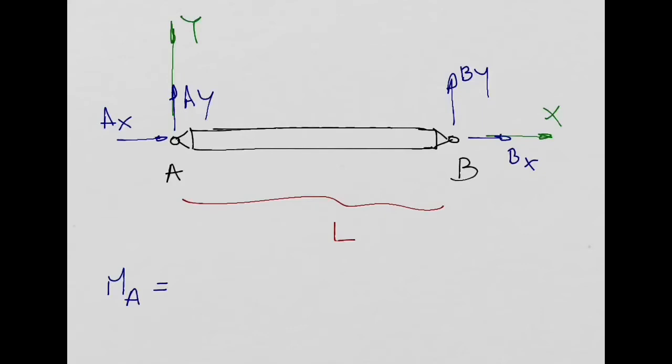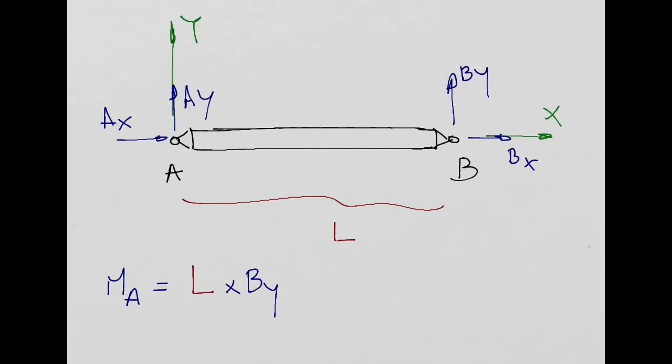You agree? And that moment is what? So we need to have this distance in the perpendicular direction, which is equal to L, right? So that moment is going to be L times, so L is my distance in the perpendicular direction to By, and I need to multiply this with the force, which is By. You all agree with me?